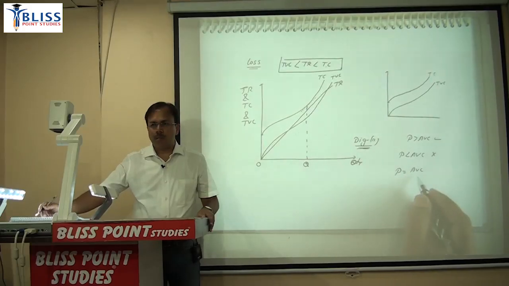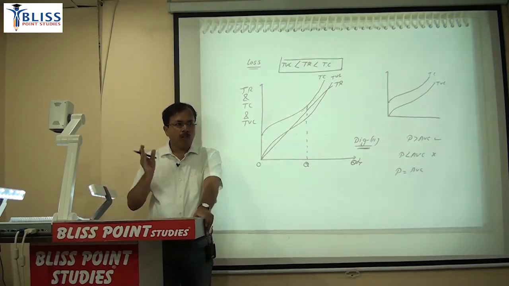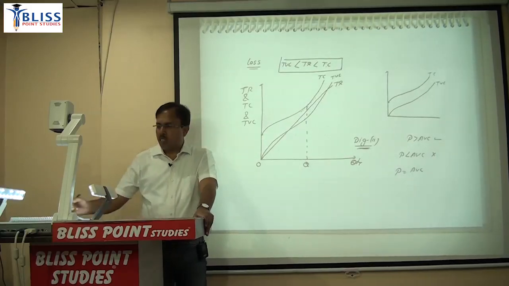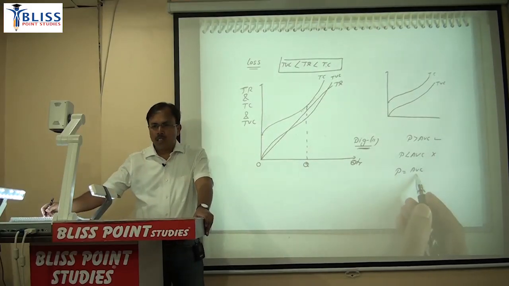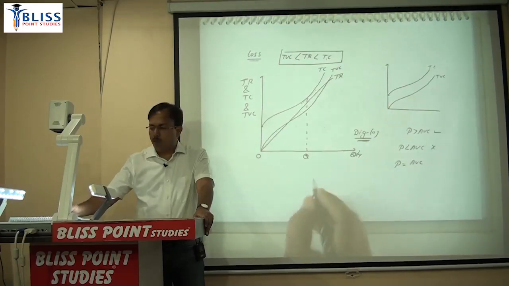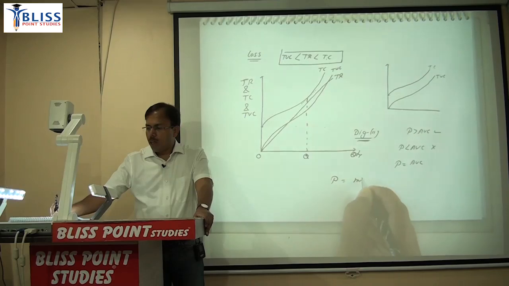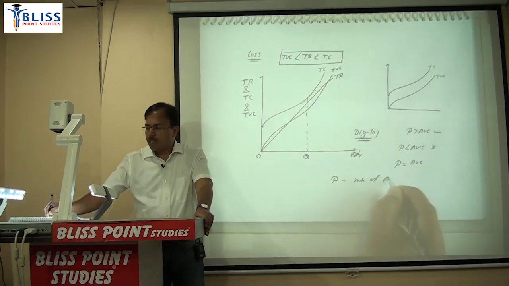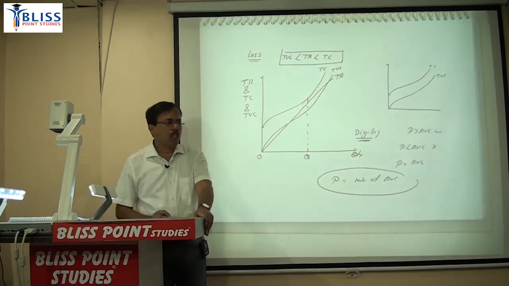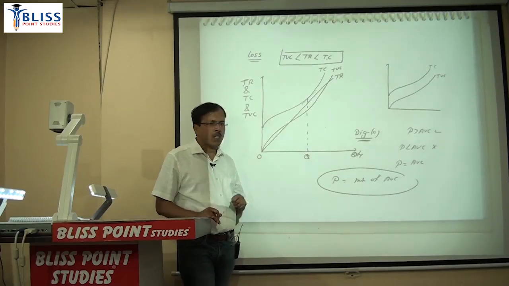AVC is not a fixed number, it is a moving number. That means for different quantity there will be different average variable cost. So which average variable cost exactly? Minimum of average variable cost. So what is the shutdown price? Shutdown price is equal to minimum of AVC. The minimum of average variable cost will be the shutdown price.